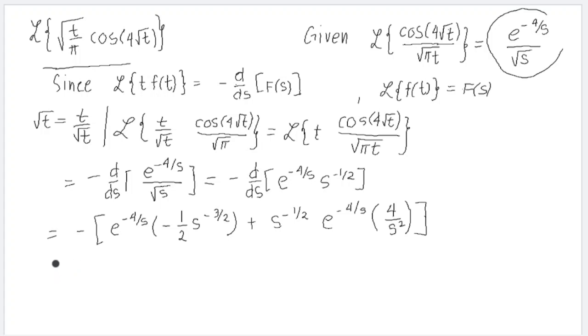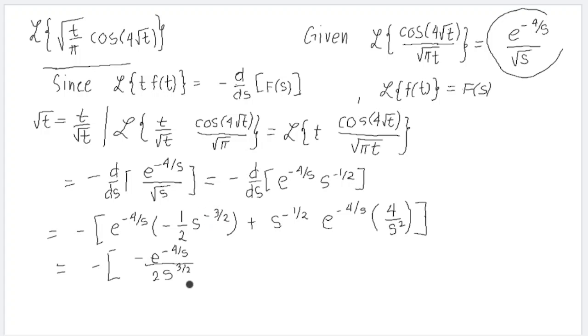Now, simplifying, we copy the negative, negative e to the negative 4 over s over 2 s to the 3 halves, because to change this to a positive exponent we bring this down, then remove the negative sign.